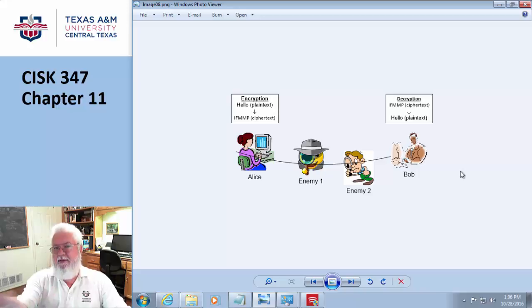But the people in the middle who are snooping, if they had Wireshark installed on their machine, would be able to pull the packet up and see what was inside. But what was inside would not be the word hello. It would be IFMMP, and you'd look at that and go, what the heck is that?